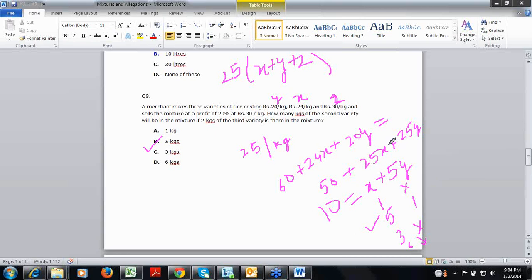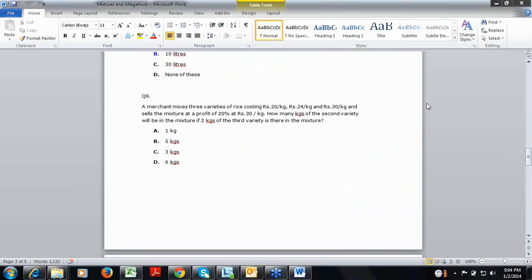Okay, some of the people are not able to understand how 50 we are getting. Let me repeat once again. It is 20 rupees kg, 24 rupees kg, 30 rupees kg. It is sold at a profit of 20% for 30 rupees kg.